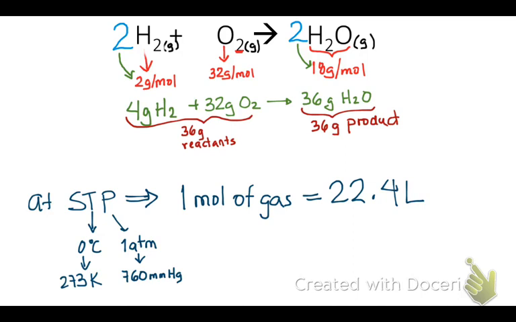If you are at 0 Celsius and 1 atmosphere of pressure, 1 mole of any gas, whether it is oxygen, hydrogen, neon, carbon dioxide, or any gas, will occupy a volume of 22.4 liters. Imagine a balloon with a capacity of 22.4 liters at 0 Celsius, 1 atmosphere.